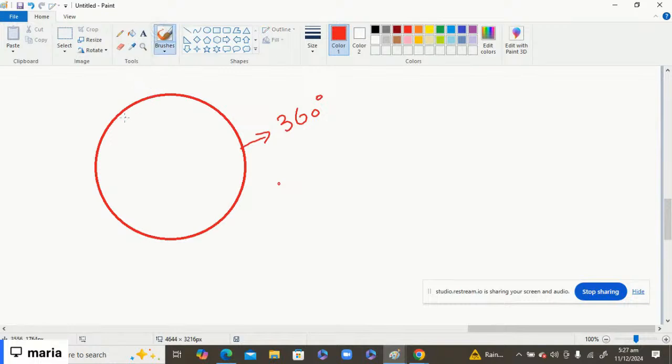Let me find this portion, for example, the green one. This portion is given as 65% and this one is given as 35%.